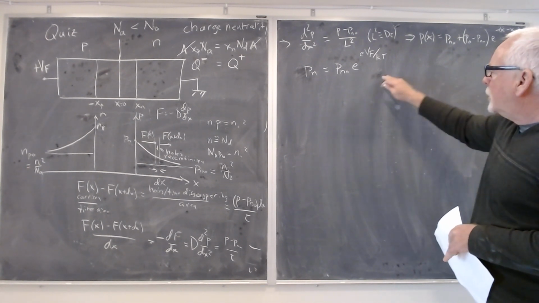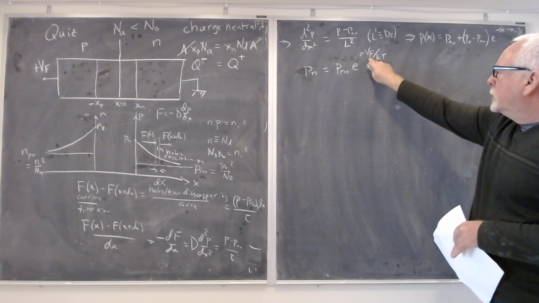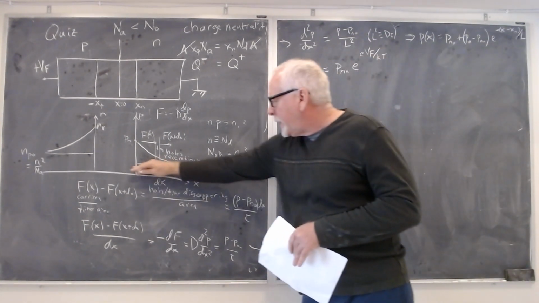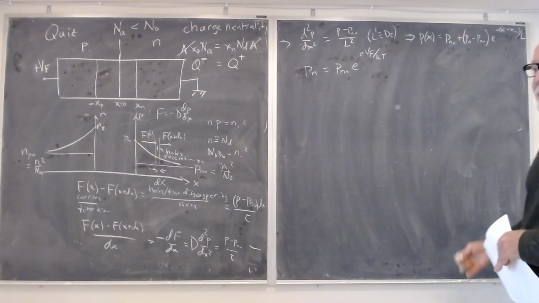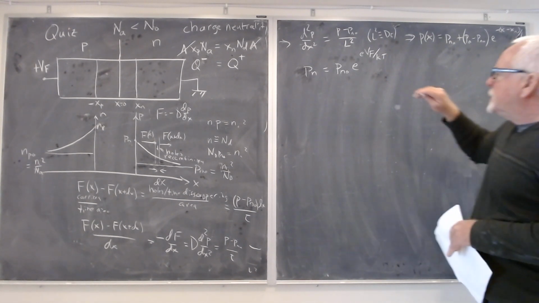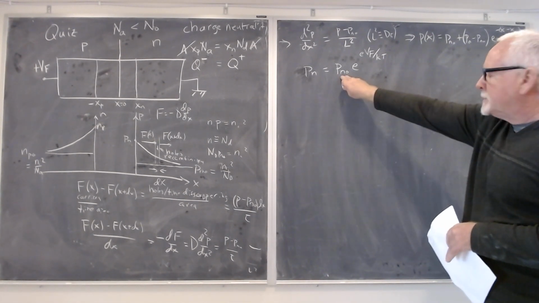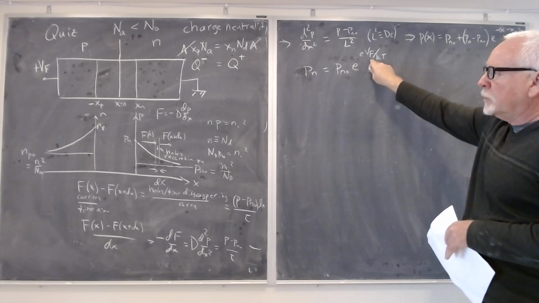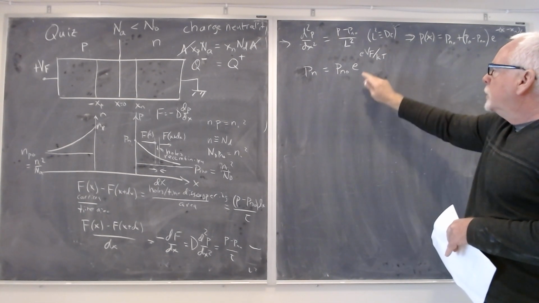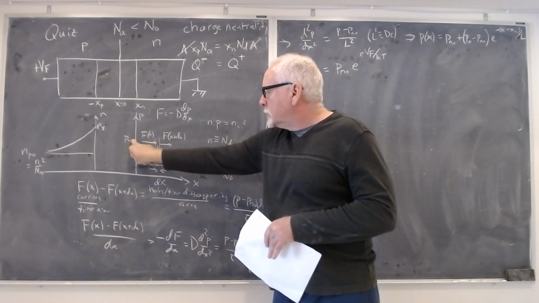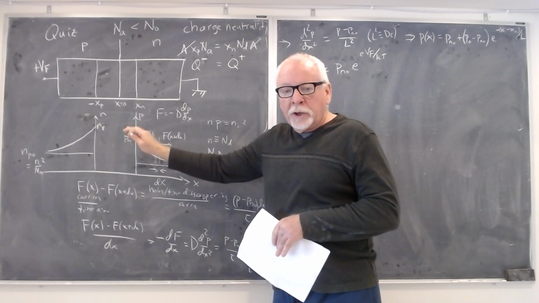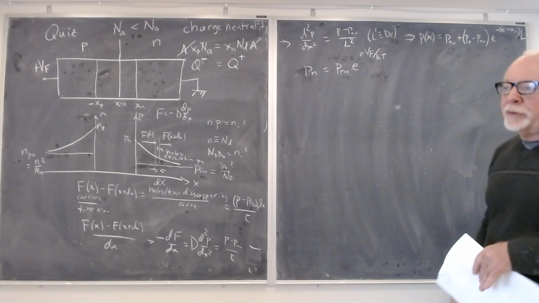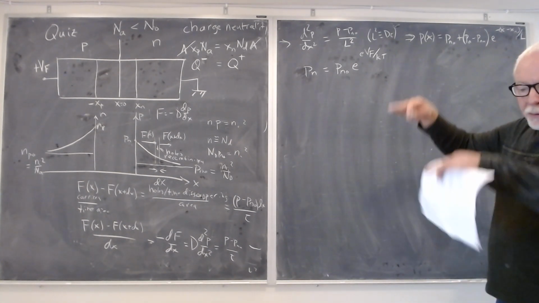It makes sense because, first of all, if VF equals 0, then Pn is equal to Pn0, and we're back to our flat condition. So that's what's supposed to happen, and it makes sense that Pn0 is in front here. And it makes sense that as VF gets larger than 0, you're forward biasing it, the hole concentration here should go up exponentially with the forward bias voltage, because everything goes exponentially here with the lowering of the barrier.